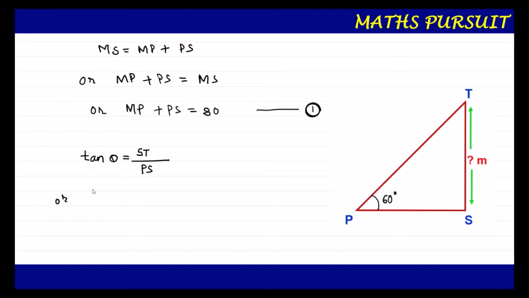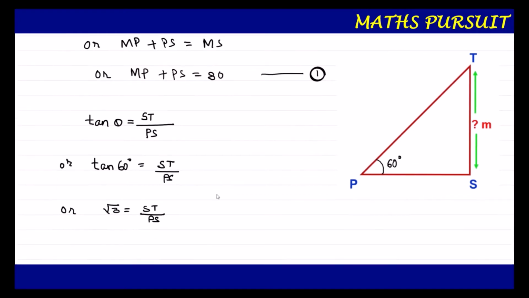Instead of tan theta, I can write tan 60 degree is equal to ST upon PS. We very well know from the trigonometric table that tan 60 degree is root 3. So in the next step, I can say root 3 is equal to ST upon PS.